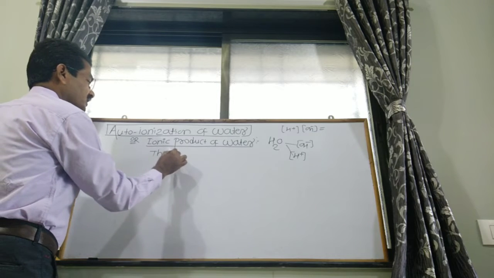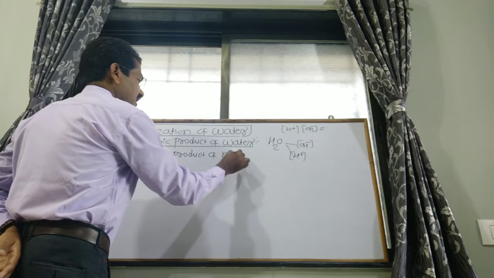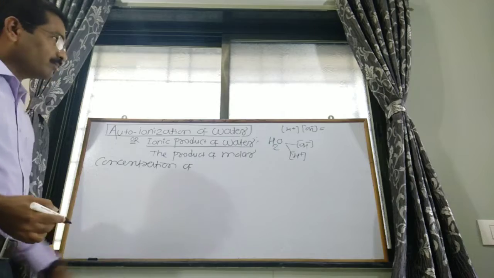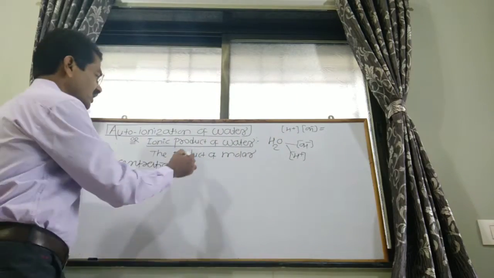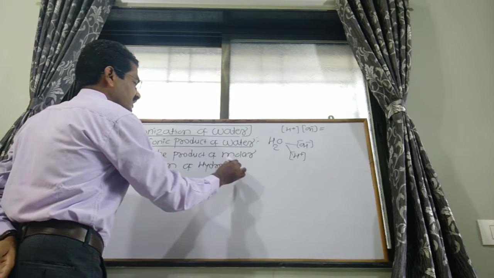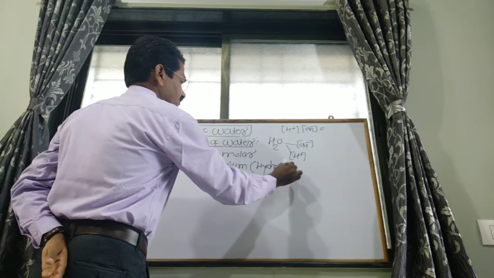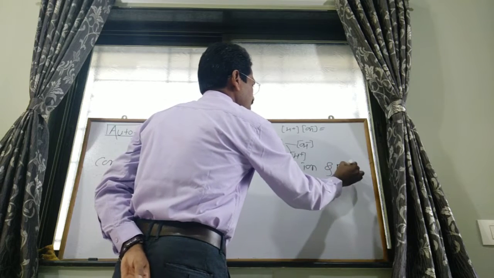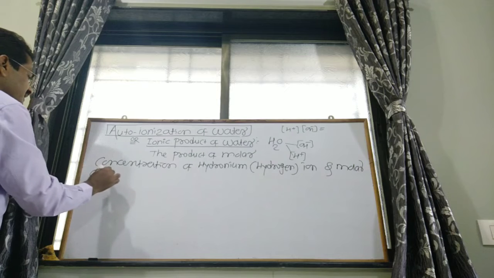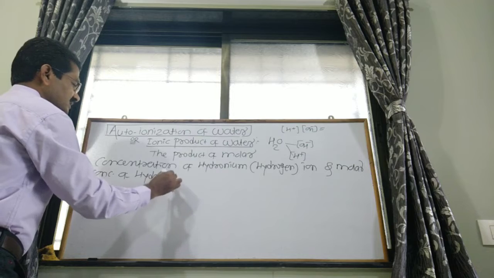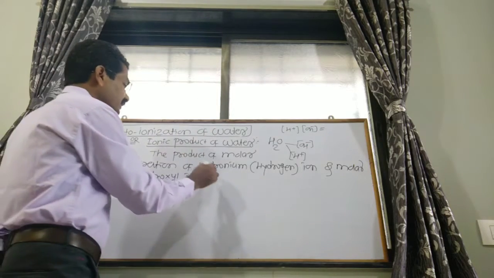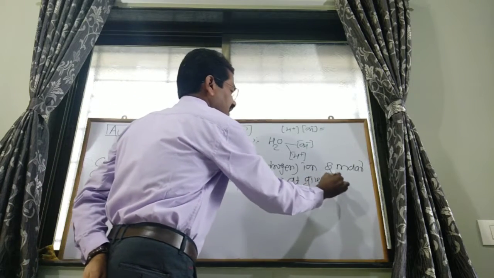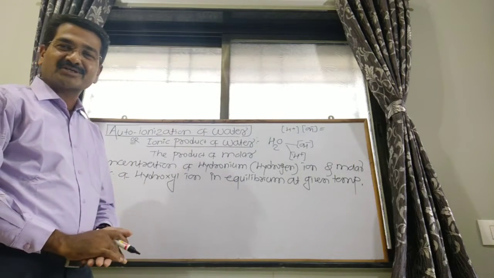The product of molar concentration of hydrogen ion or hydronium ion, and molar concentration of hydroxyl ion, in equilibrium at a given temperature, is called the ionic product of water.